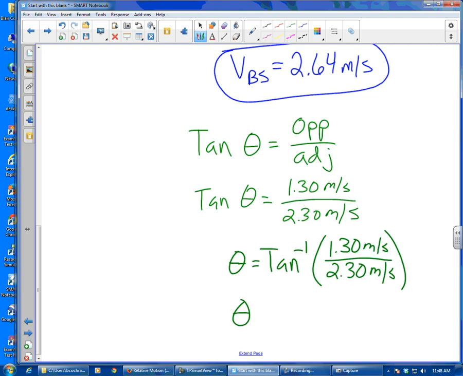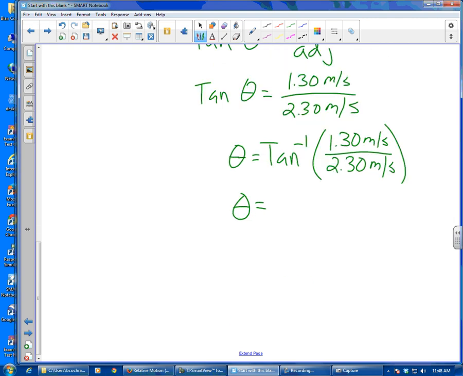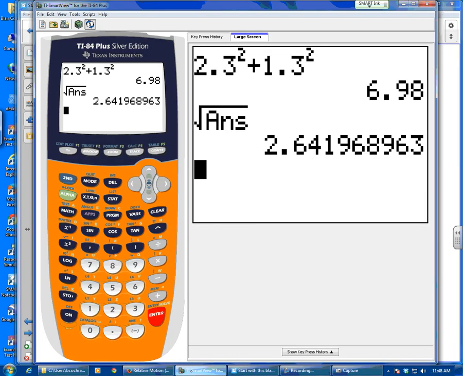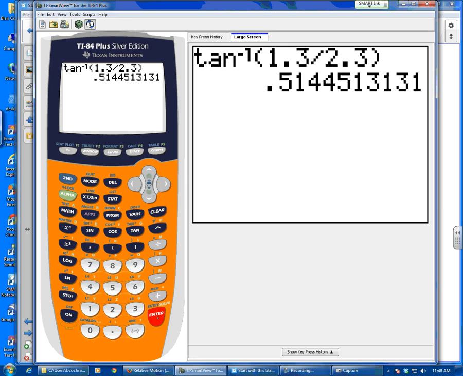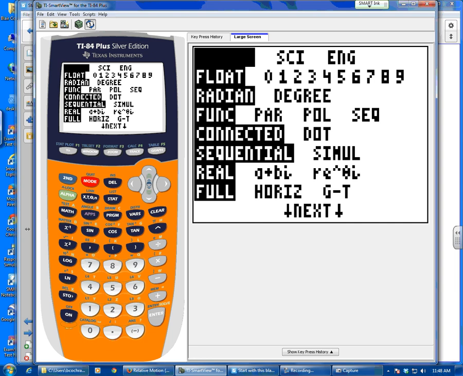And then I use my calculator to find out theta. I grab my calculator and do second tan, which gives me the inverse tan, of 1.3 divided by 2.3, with my parentheses. And I get that because I forgot that I was in radians in my mode.